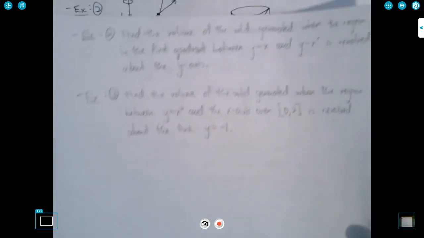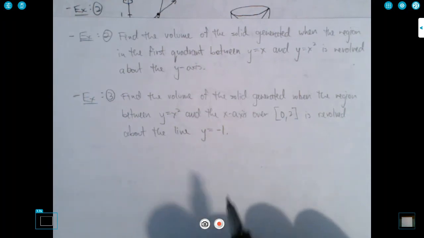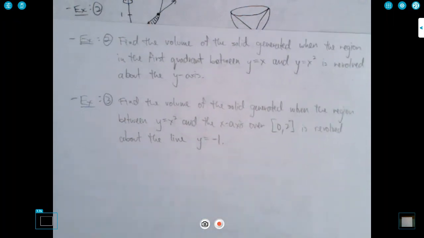Because of course we can do cylindrical shells the other way around, right? Like if the thing's being rotated around the x-axis, we can still do cylindrical shells. Or even if we're rotating around a different axis altogether, like the line y equals -1. So let's take a look.